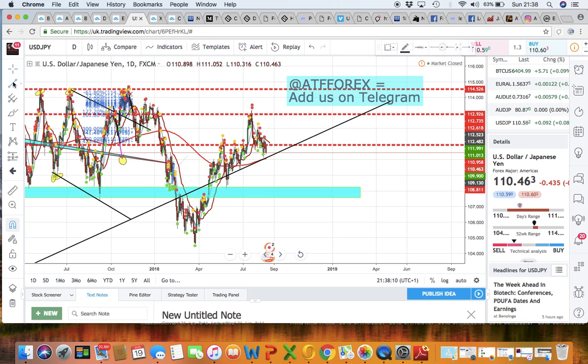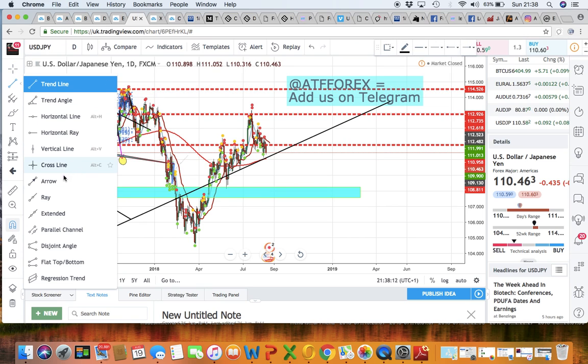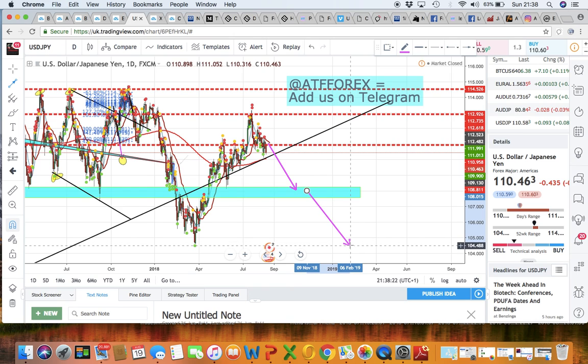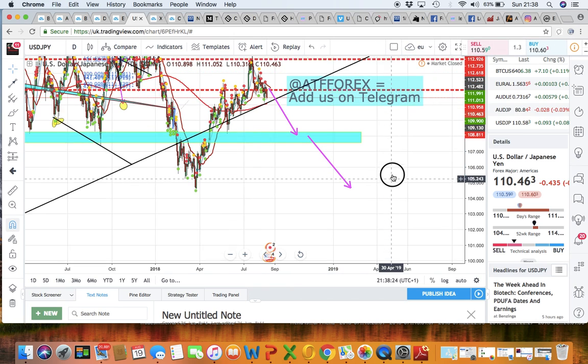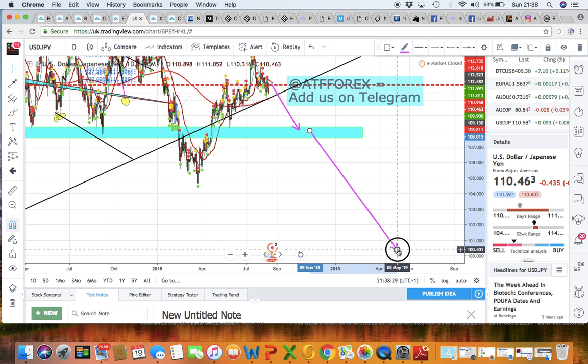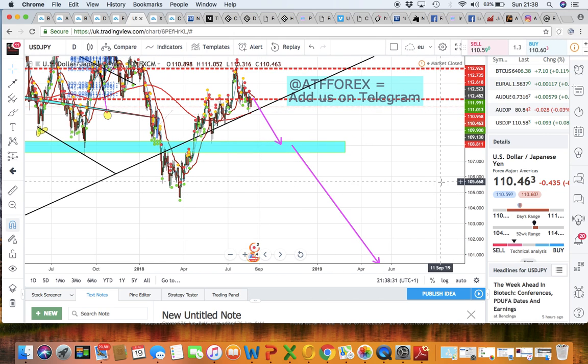So we should be seeing price take itself down to our first target of the 108.50. Hopefully see price consolidate around here and then get us back to 105 or even hopefully the 100 psychological level right there.